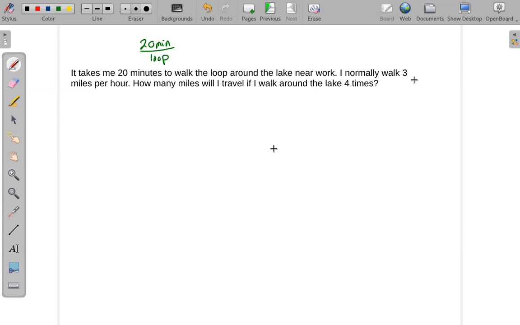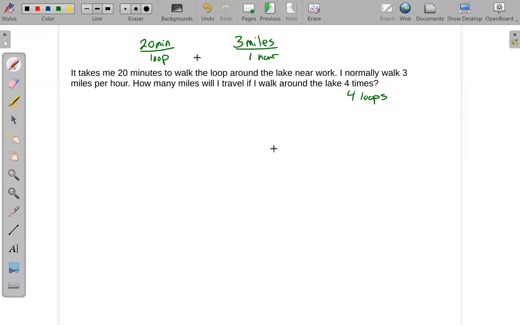And we have another rate, 3 miles per hour. And you could write 1 hour or just hour there, and this could be 1 loop or just loop there. And then we're going to do 4 loops.